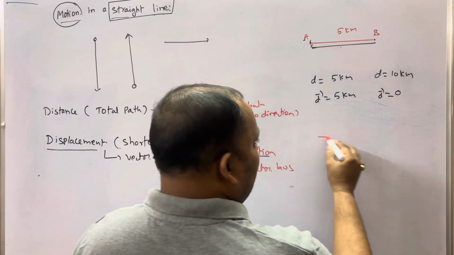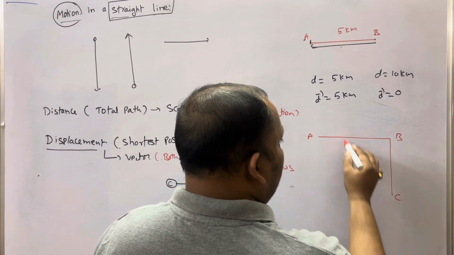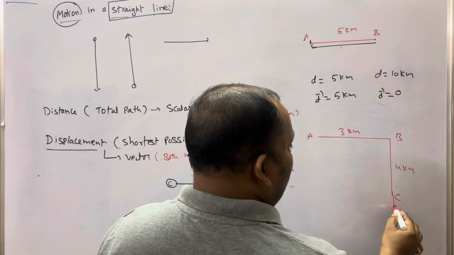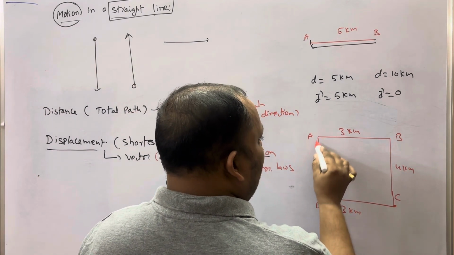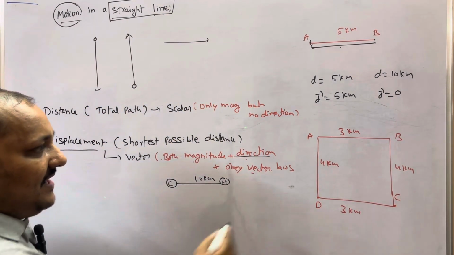Same like this. A to B, B to C. This is 3 kilometers, this is 4 kilometers, B to C. Again C to D, 3 kilometers, D to A, 4 kilometers. Now what is the distance from A to B for this?